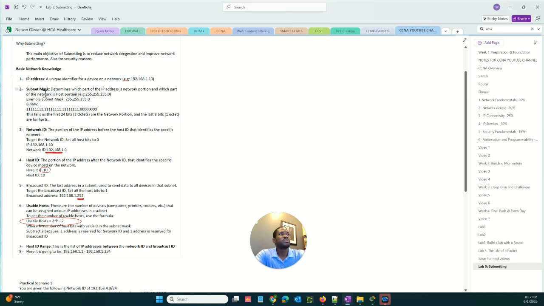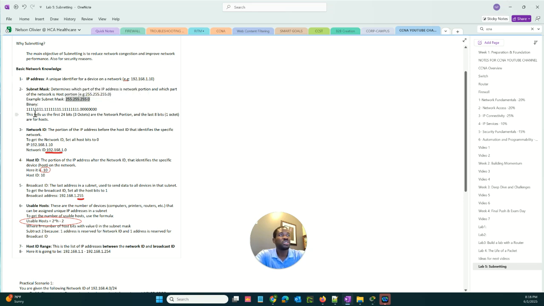So what is the subnet mask? The subnet mask helps determine which part of the IP address is the network portion and which part of that IP address is the host portion. So in this case, for example, this is the network portion and this is the host portion. For example, you have this subnet mask of 255.255.255.0.